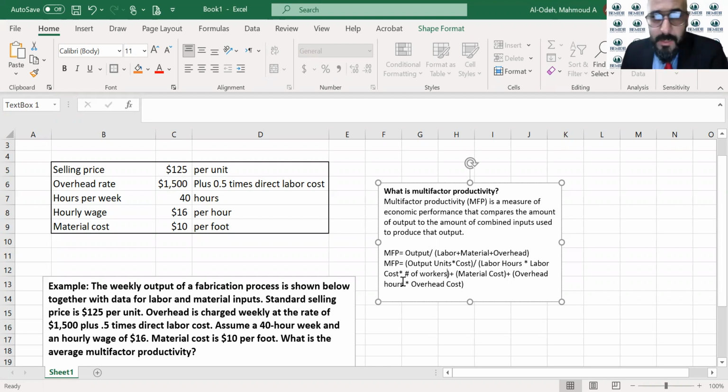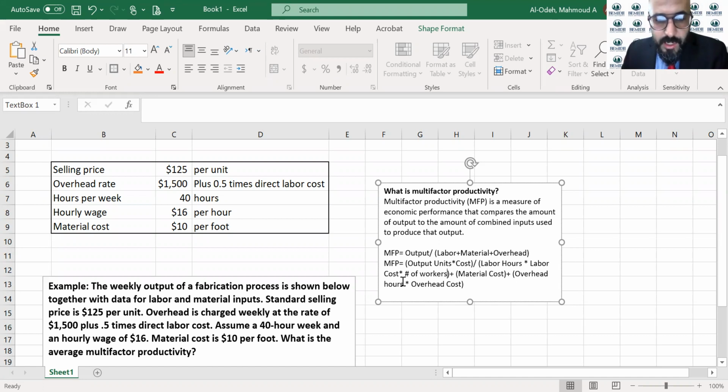Okay. In order to explain this concept, I want to share with you this example. This way, you will understand how to calculate the multi-factor productivity. The weekly output of a fabrication process is shown below, together with the data for labor and material input. Standard selling price is $125 per unit.